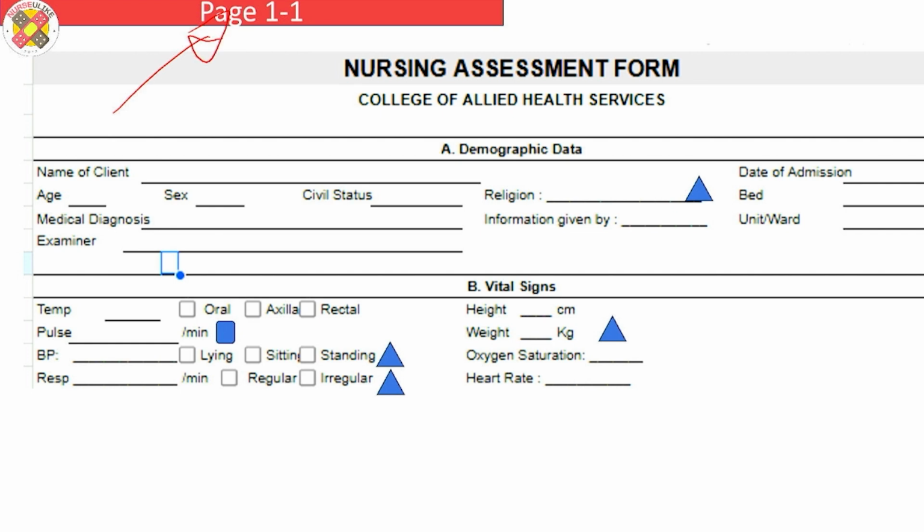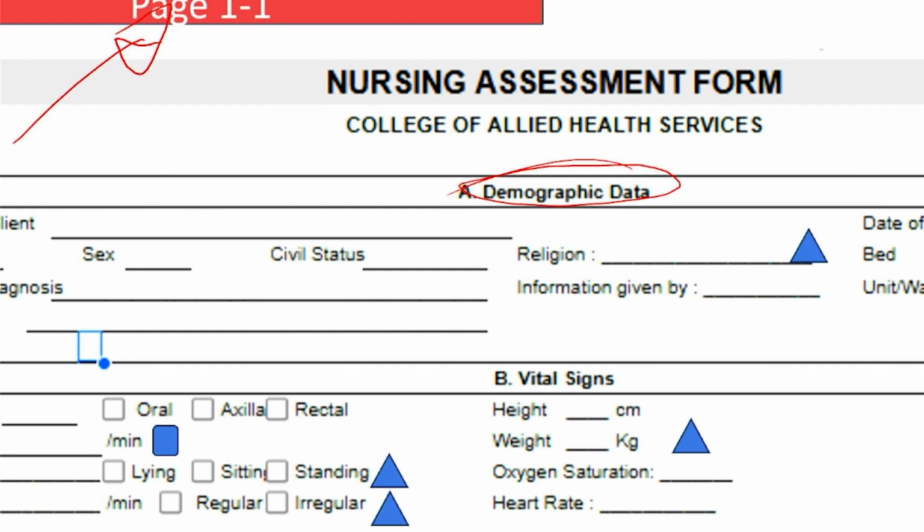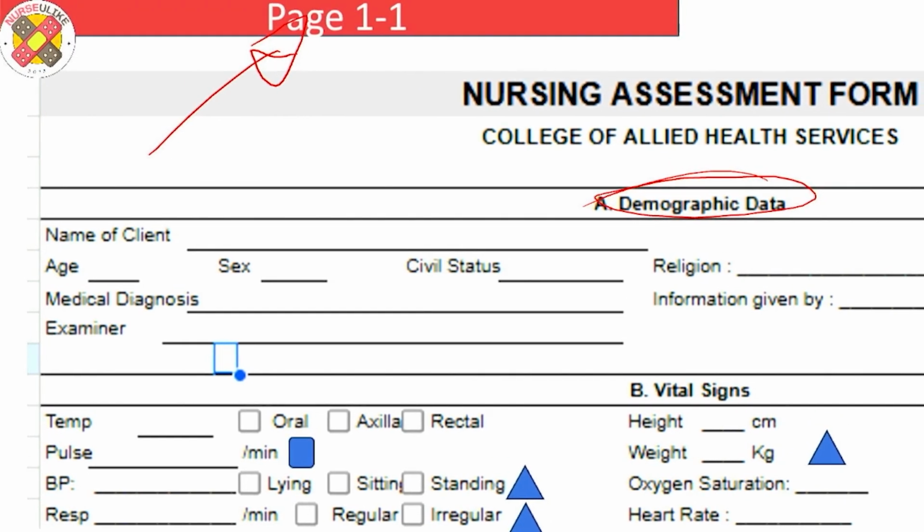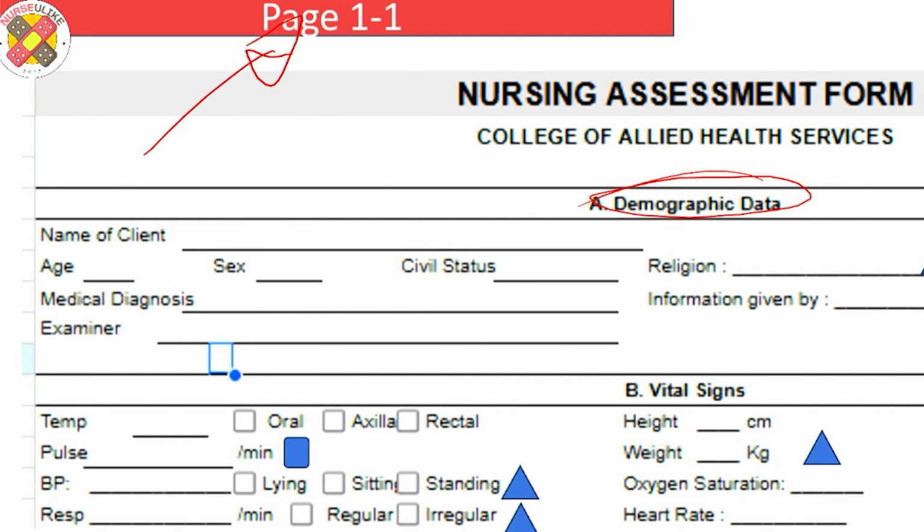We're going to talk about the nursing assessment form, and this is what you call the demographic data. For the demographic data, we have here the name of the client. You should start first with the last name, not the first name. For example, John Smith.